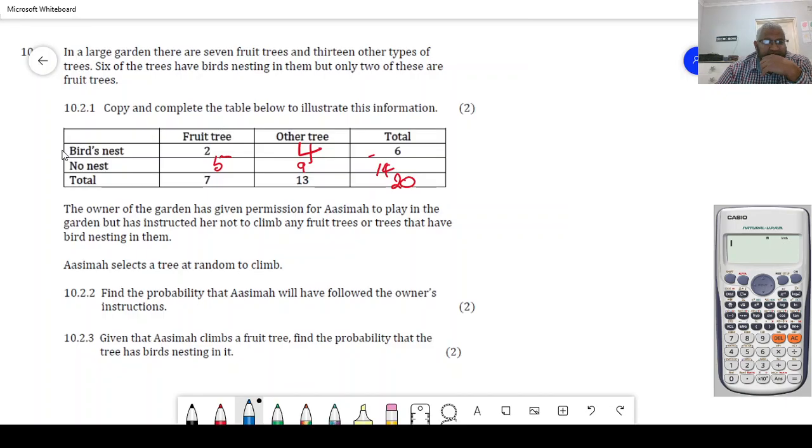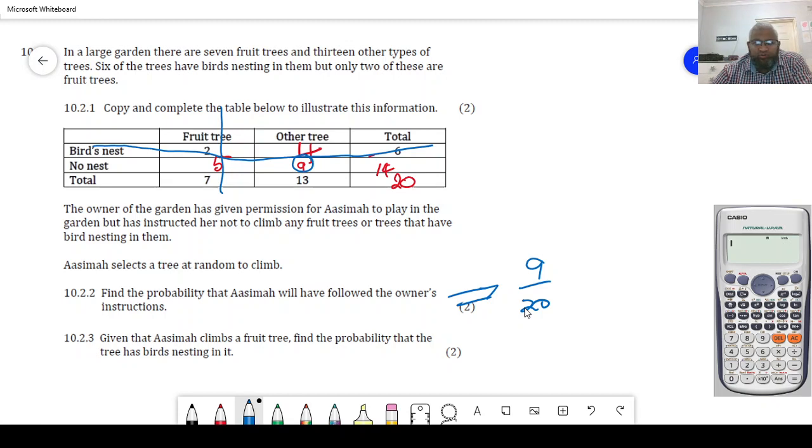If the owner is cutting out the bird's nests and the fruit trees, the only trees that are left are going to be 9. Asima selected a tree at random to climb. Find the probability that Asima will have followed the owner's instructions. So it leaves you with 9, and the answer is 9 out of 20. Remember, it's number of favorable outcomes over number of possible outcomes.